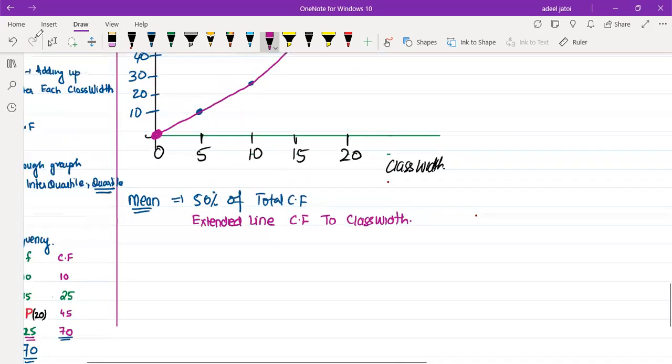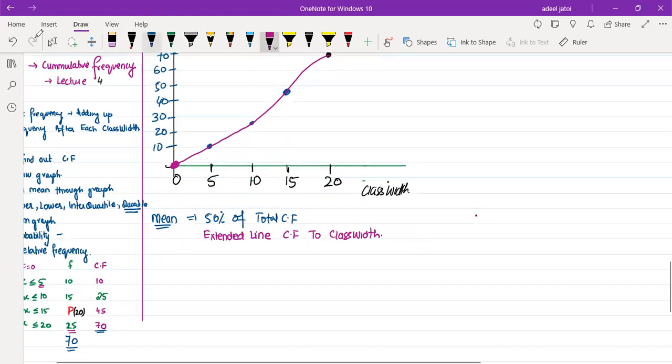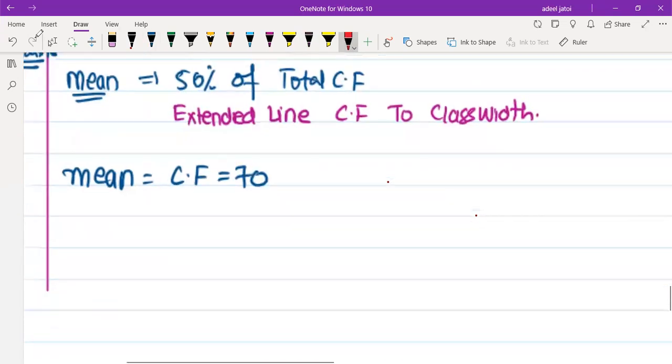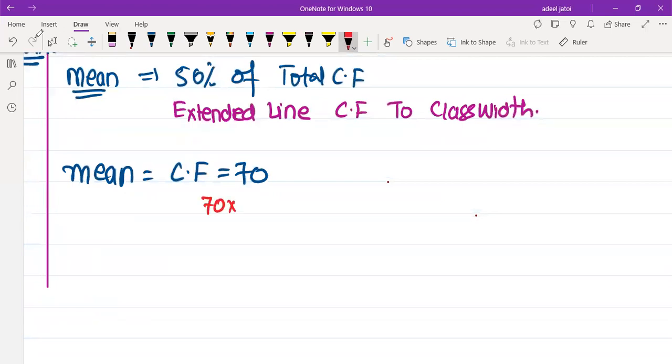Now let's just do the example here. Let's say that we need to calculate mean. For mean, your cumulative frequency sum in this question was 70. So for 70, you need to find out 50% of 70 to calculate mean. Your cumulative frequency mean will be 35.